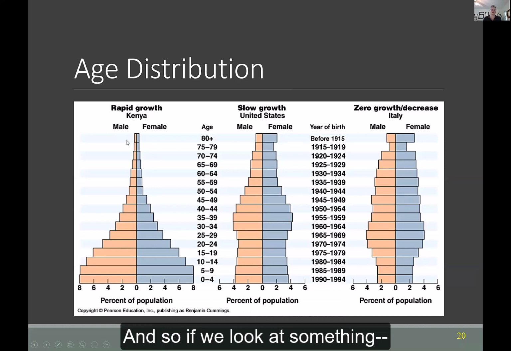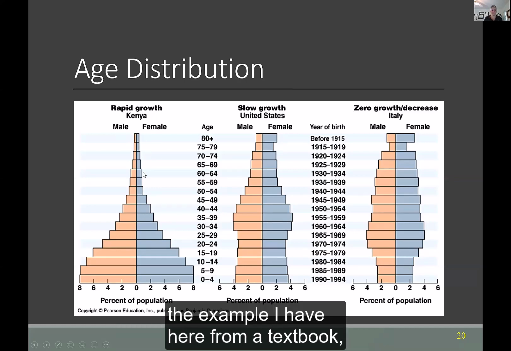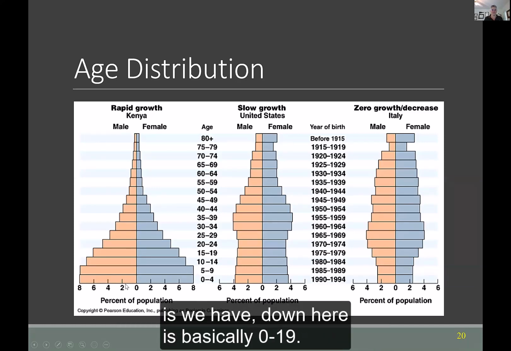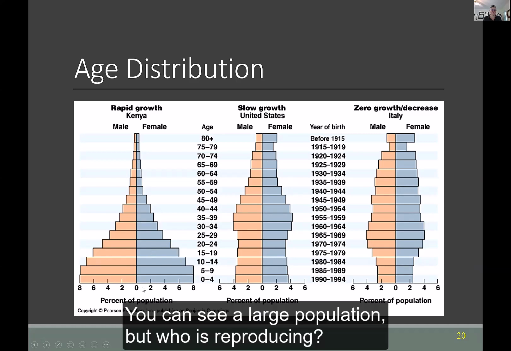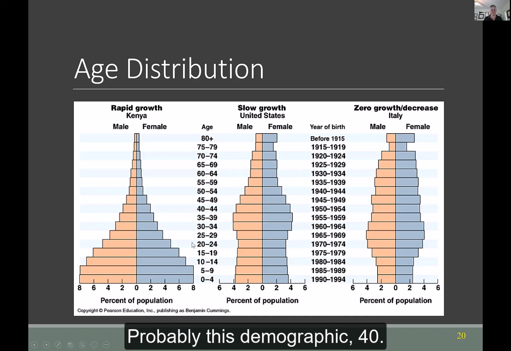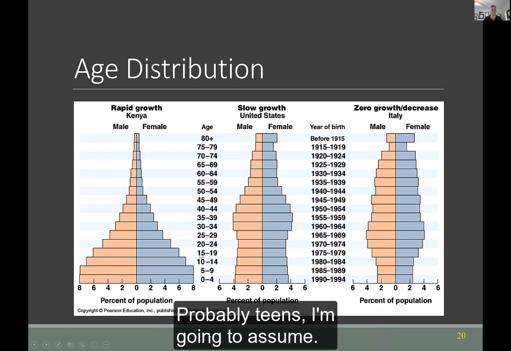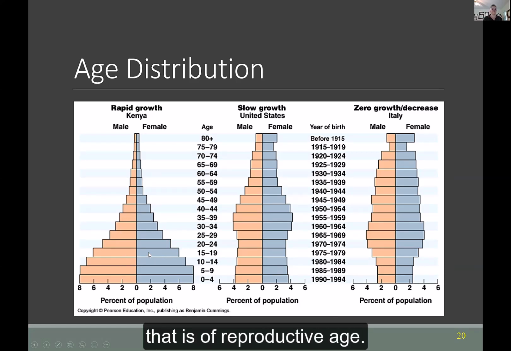And so the example I have here from a textbook is, down here is basically 0 to 19. You can see a large population, but who is reproducing, right? Probably this demographic, probably teens, I'm going to assume, right? And so you have a large population that is of reproductive age.